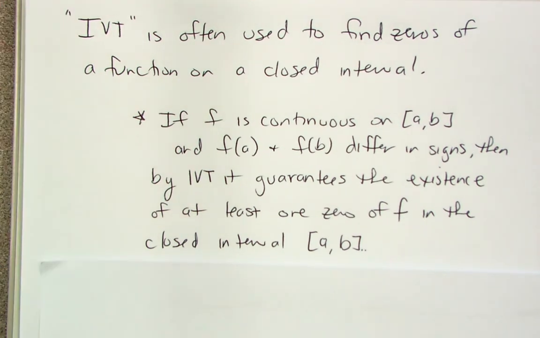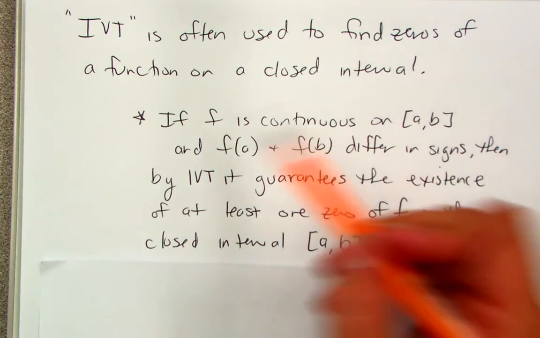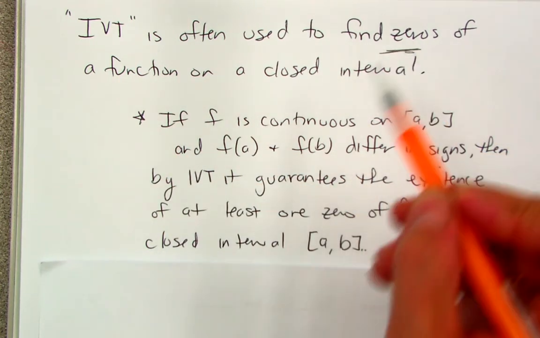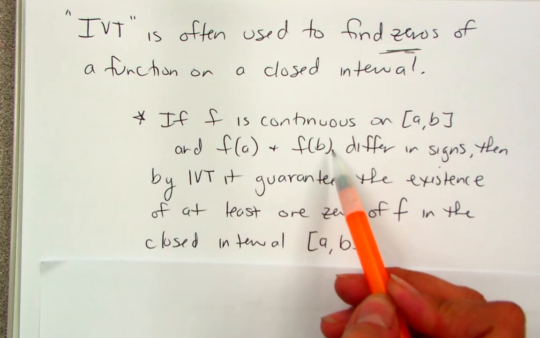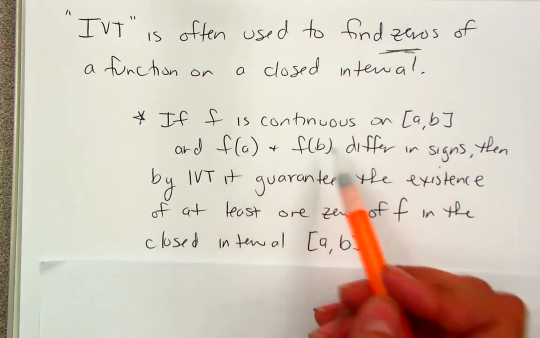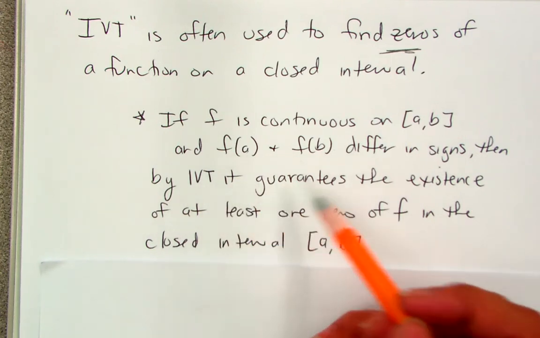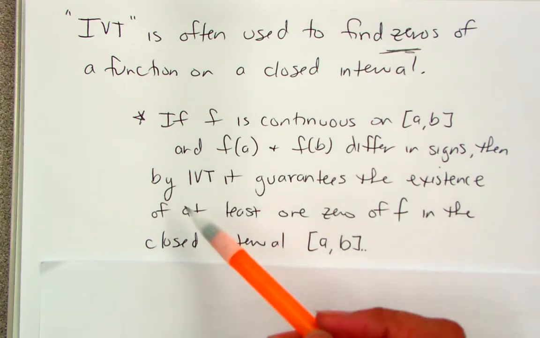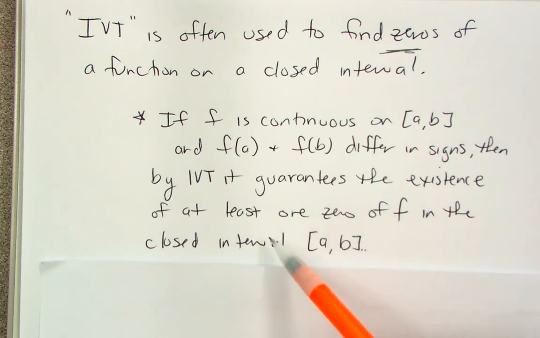If f is continuous on some closed interval from A to B, and again, this is to find the zeros, and f of A and f of B, those y outputs, differ in signs, one's positive and one's negative, then by the intermediate value theorem, it guarantees the existence of at least one zero of f in the closed interval from A to B. This is a way to find zeros.